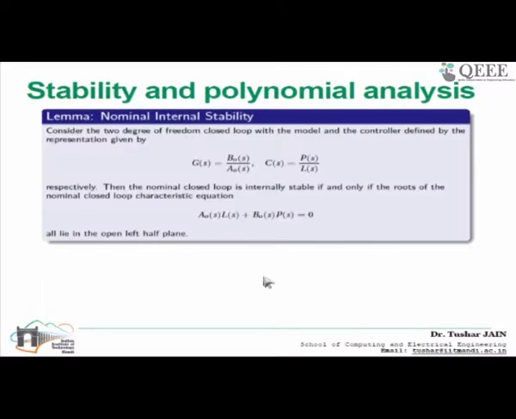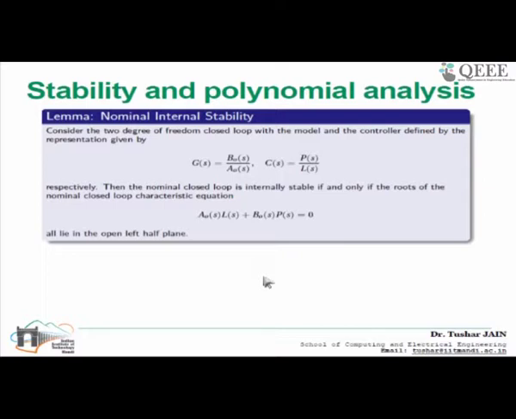Now here comes our lemma, which says the nominal internal stability. Consider any nominal closed loop, not necessarily the two degree of freedom. Consider the feedback closed loop with the model and the controller defined by the representation given by these two, which we have seen earlier, the G of s and the C of s. G of s is our plant, the C of s is our controller respectively.